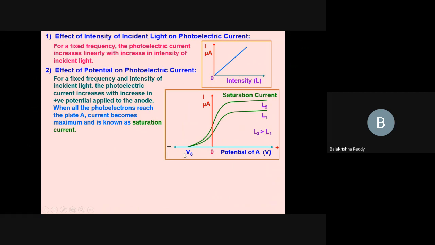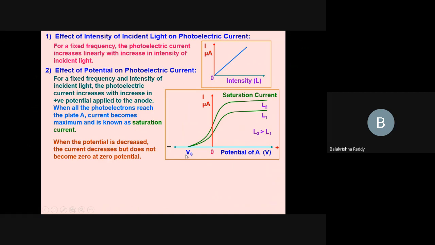Some electrons may drop out also. This point will not be zero within the positive region. It is going towards the negative region. Of course, this depends on the metallic plate also, where the current becomes zero as we decrease the potential.